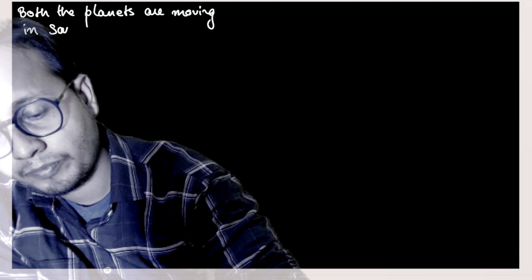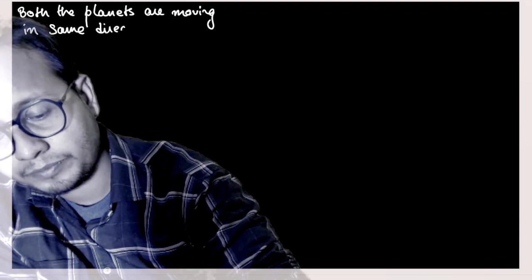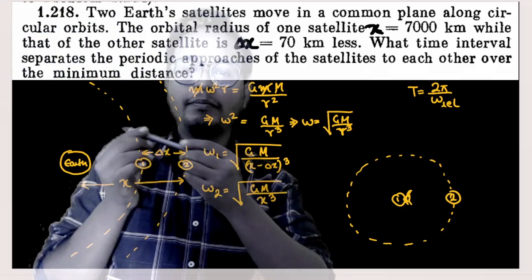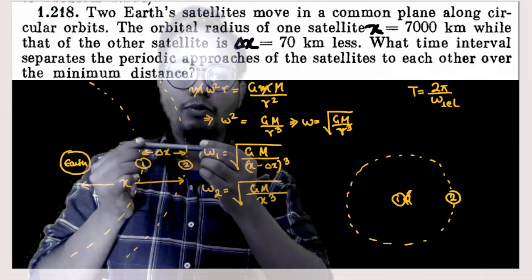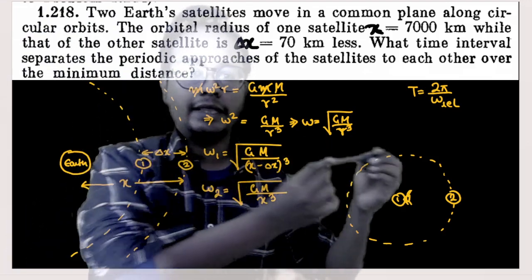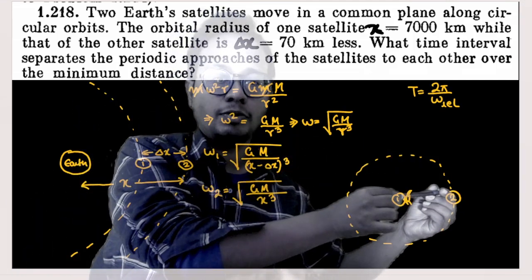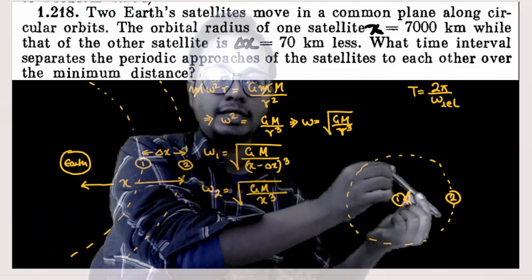Case 1: both the satellites are moving in the same direction. That means satellite 1 will move upward, satellite 2 will also move upward. So when both are going upward, there will be a rotation. Suppose I'm fixing satellite 1. Satellite 2 would be rotating somewhat like this, isn't it?